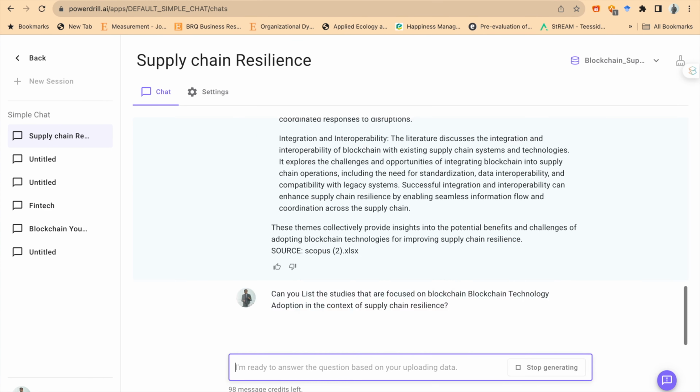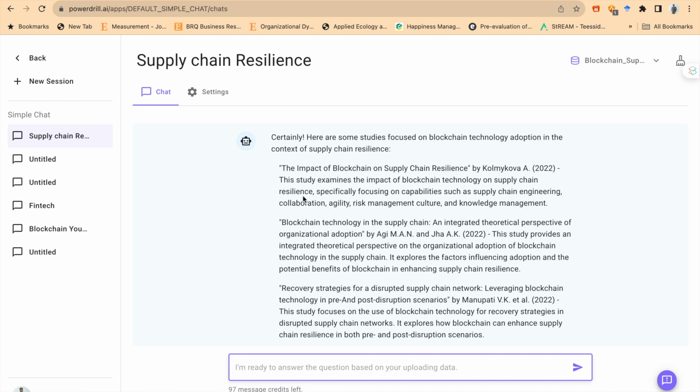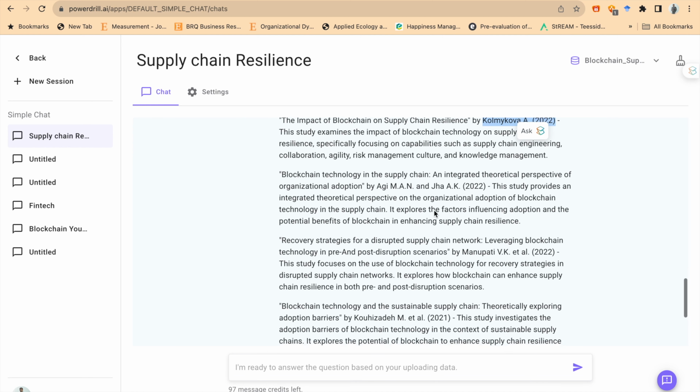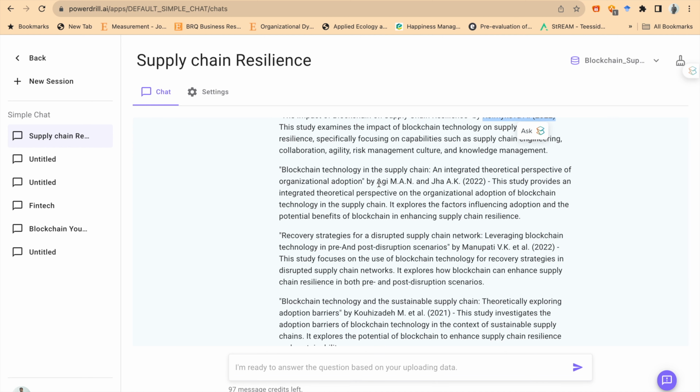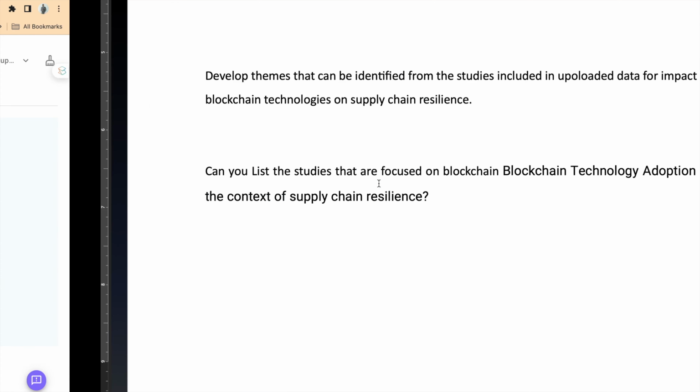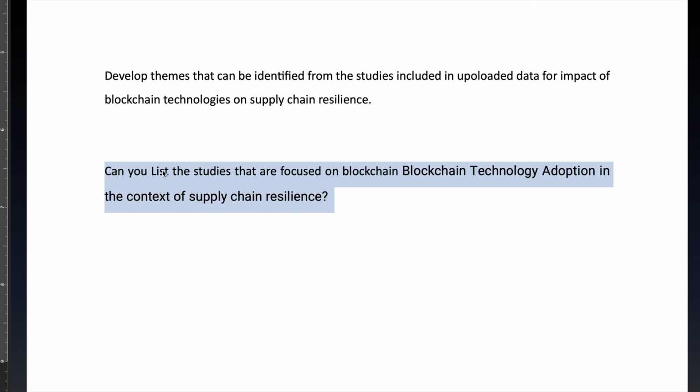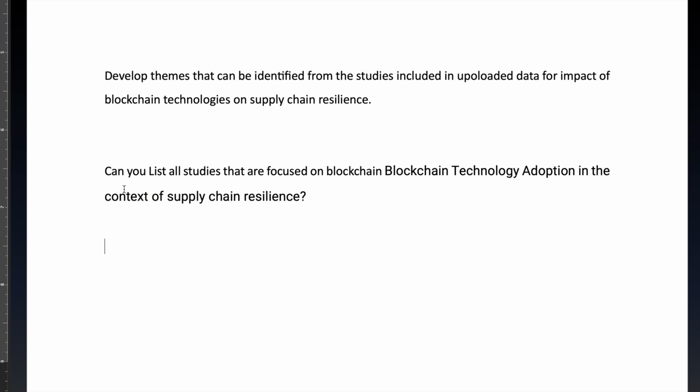Yeah, now you can see this one, 2, 3, 4, 5 studies. So let's try to check with all studies.